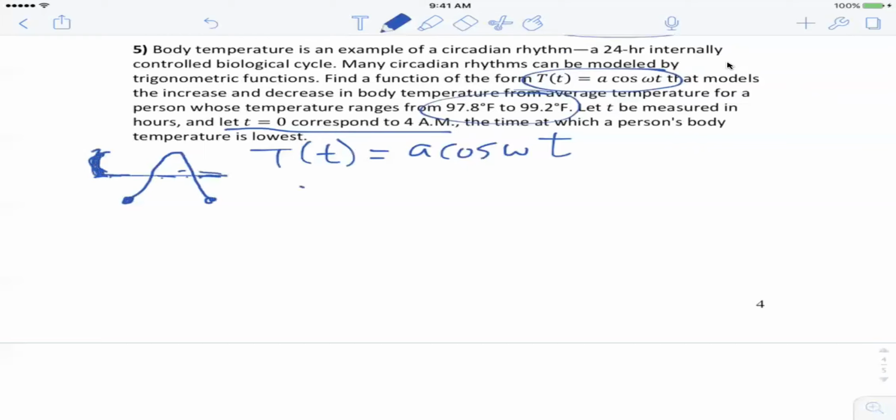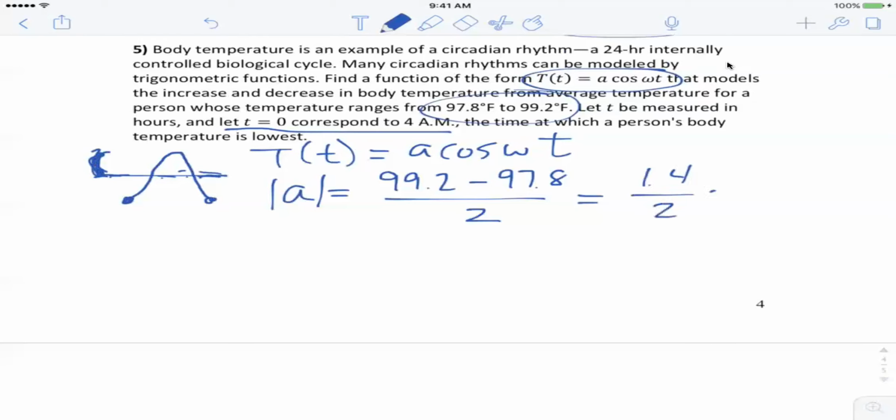So the absolute value of A is going to equal 99.2 minus 97.8 divided by 2. All right, and that's 1.4 divided by 2, which would be 0.7. Okay, and then I just know that A is going to be negative because of the way this problem looks, right? It's a negative cosine pattern.